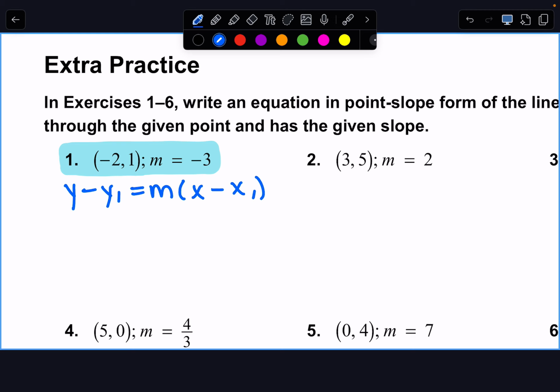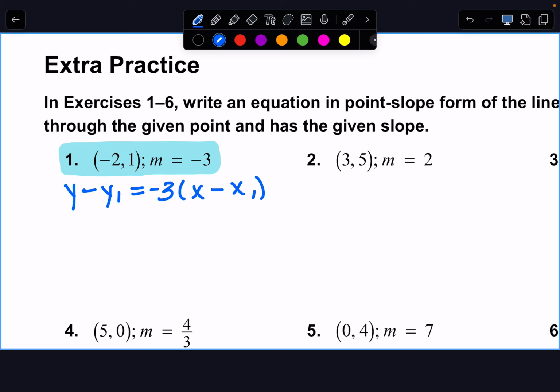Okay, something that is going to be a little bit tricky sometimes, especially when some of us like to be very swift with our math pace. We know that our slope is -3, but what I need you to be careful about, and what I'm seeing already happen, is this is x, this is y, right?